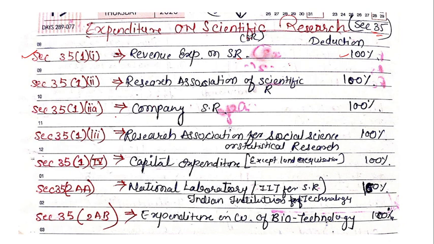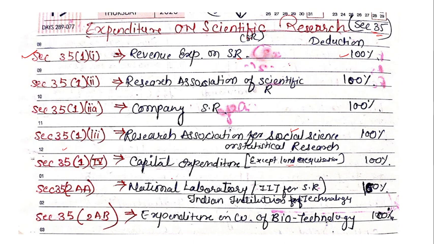If a company spends on scientific research, you also get 100% deduction. In case of social science and statistical research, you get a deduction under section 35(1) subsection 3. In case of capital expenditure, excluding land acquisition, you also get a 100% deduction under section 35(1) subsection 4.